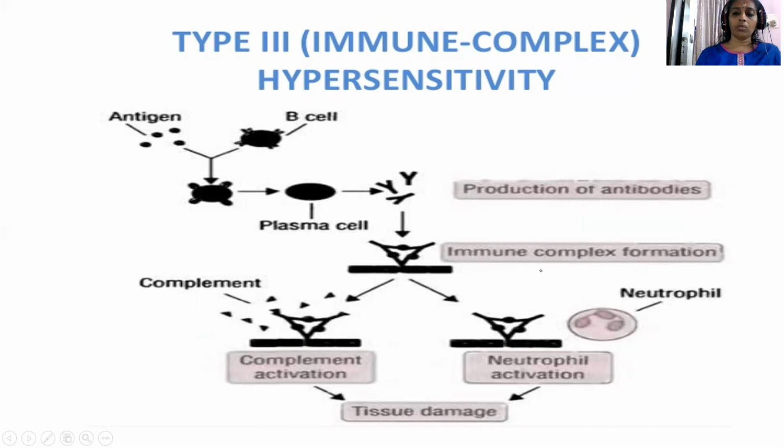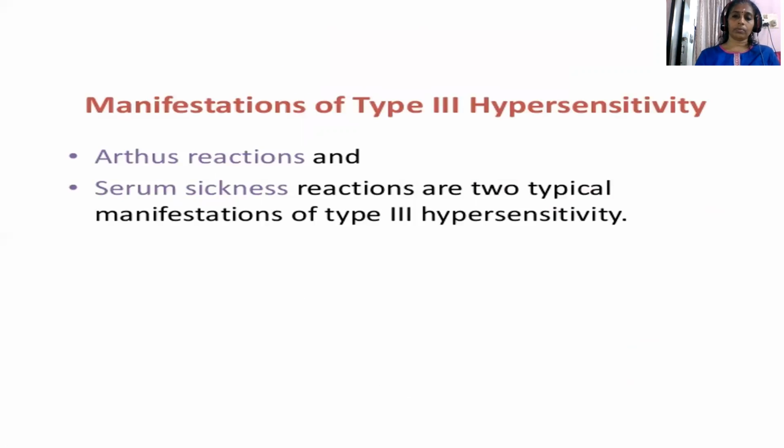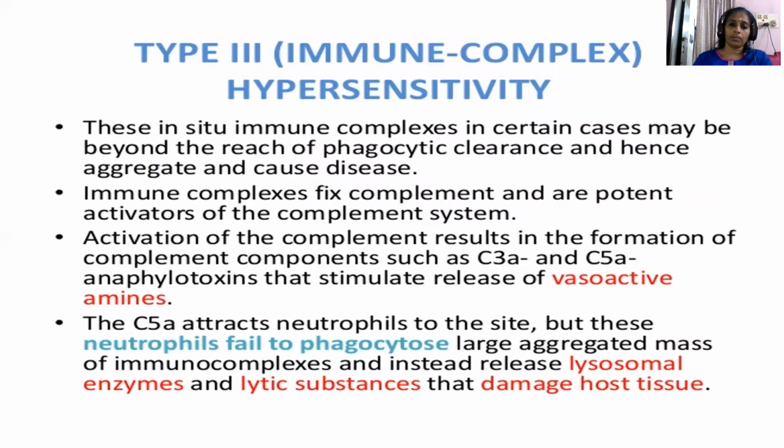And finally, when the neutrophils come, there will be phagocytosis and opsonization, resulting in tissue damage. So Arthus reaction and serum sickness are the two typical manifestations of type 3 hypersensitivity reactions.